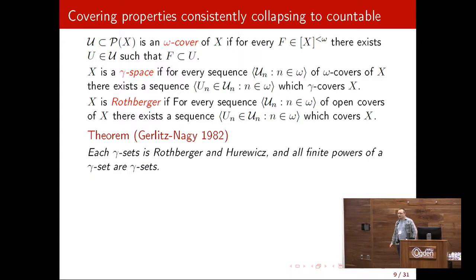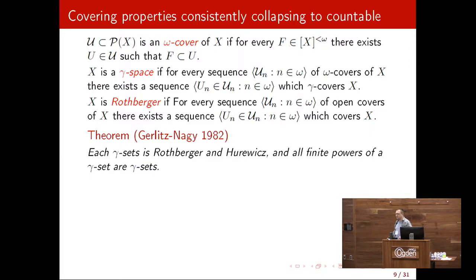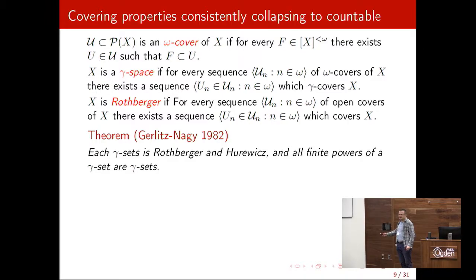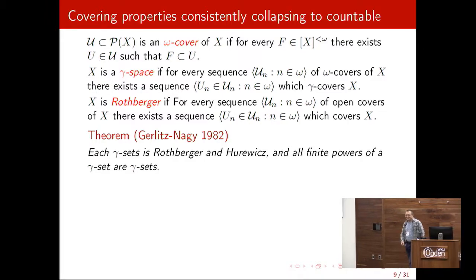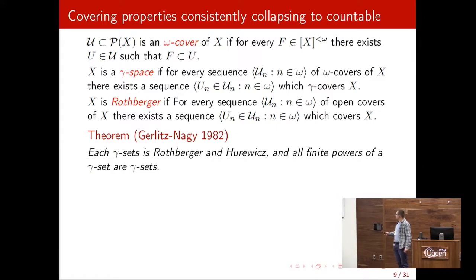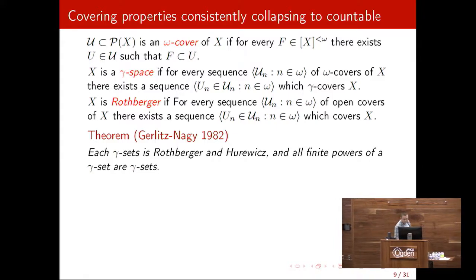Yes, it's just, actually sets is shorter than spaces, so that's why I like it. Good. But if you work not actually very hard, you can prove that being a gamma set is a really strong property, because not only are you Rothberger and Hurewicz, but then in all finite powers, this is also true. Good.